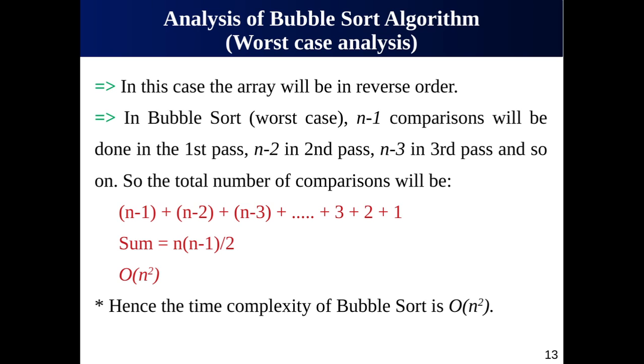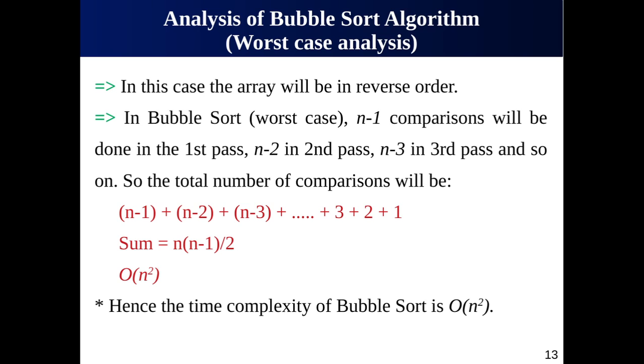So the total number of comparisons will be the addition of all these comparisons. So n-1 plus n-2 plus n-3 comparisons, and then gradually the number of comparisons decreases one at a time. So finally you will do only a single comparison, that is, the first two adjacent elements will be compared in the final step or in the final pass.